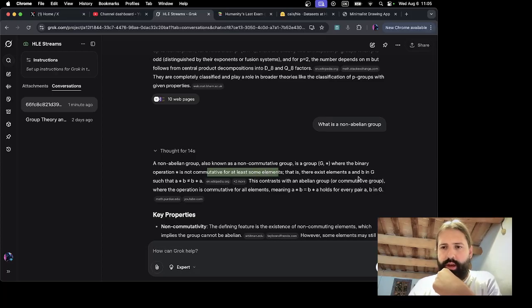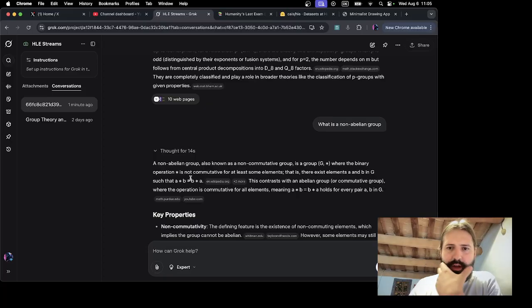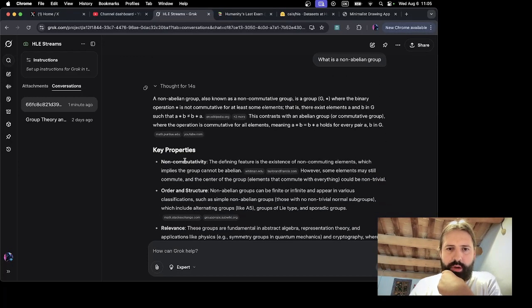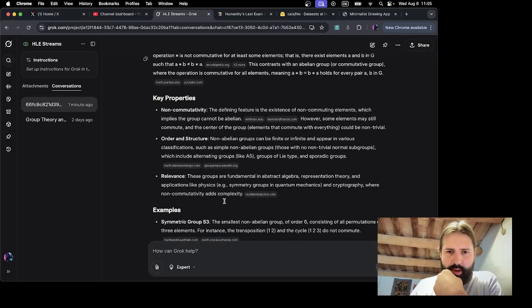So there exist elements A and B in G such that A times B is not the same as B times A. I say times because that's just a generic operation. The order can be finite or infinite. Its relevance is fundamental in abstract algebra, representation theory, and applications like physics, symmetry groups, and quantum mechanics, and in cryptography, where non-commutativity adds complexity.